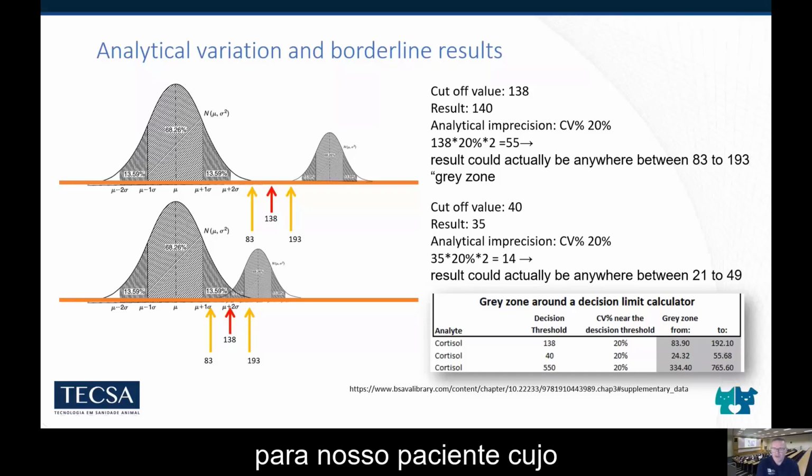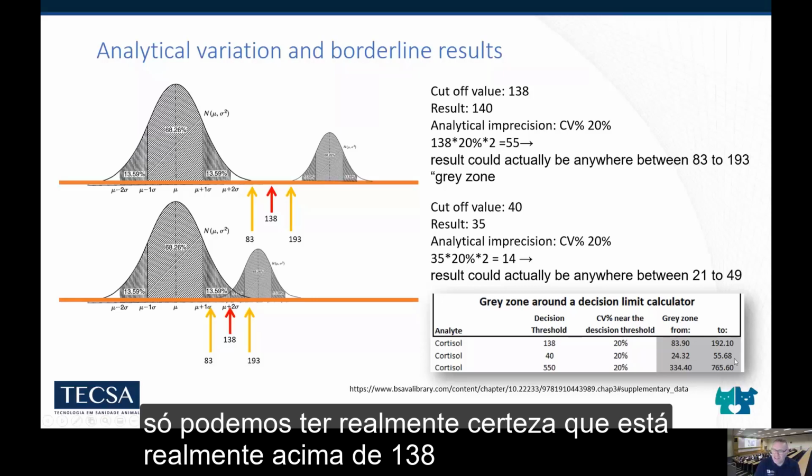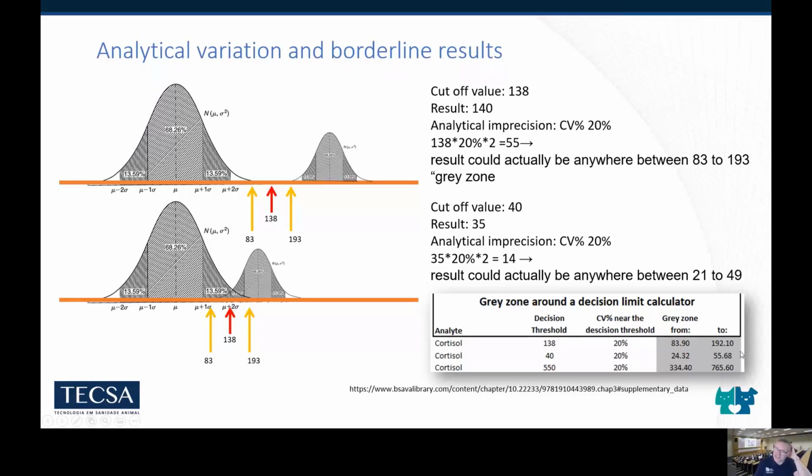So if we were going to do something different with our patient because its cortisol was more than 138, then actually to be really sure that it's definitely more than 138, we can't be sure that it is until it's as much as 192 using assays that have got CVs as high as 20%.